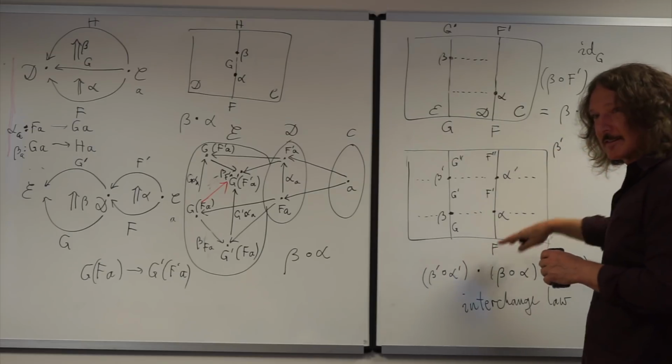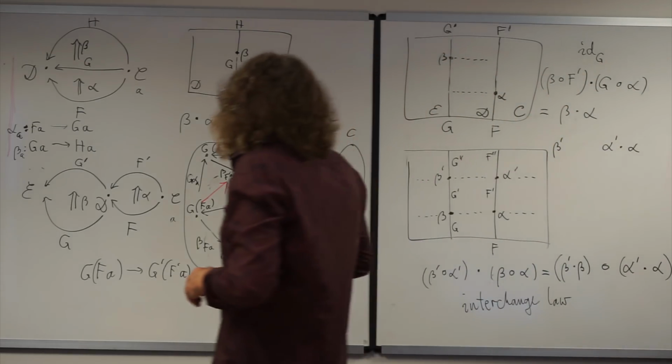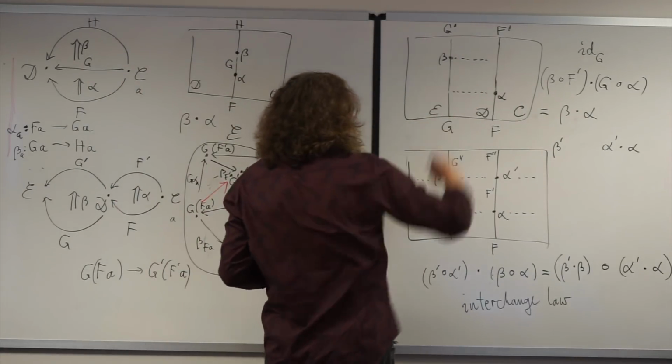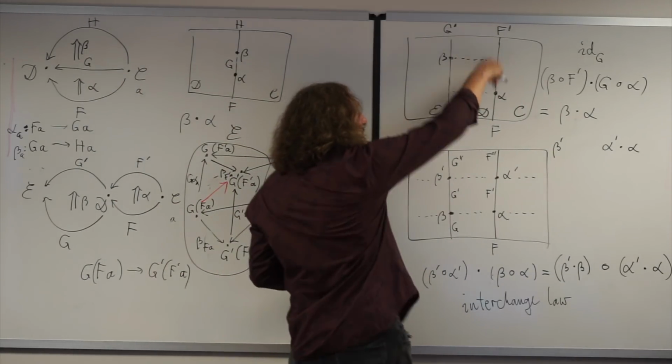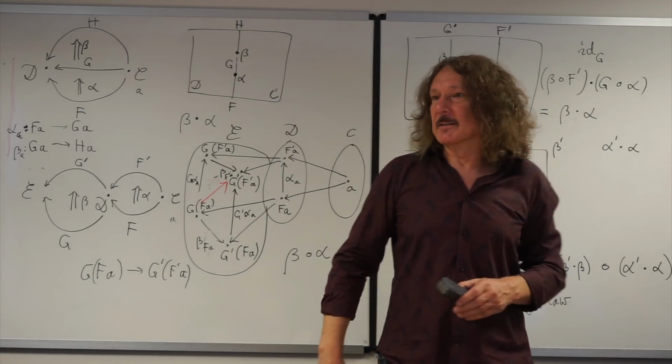If you substitute identity, that's what you get. So this is called whiskering, and this lets you move these alphas and betas up and down whichever way you want.